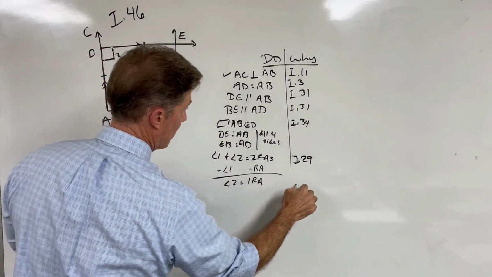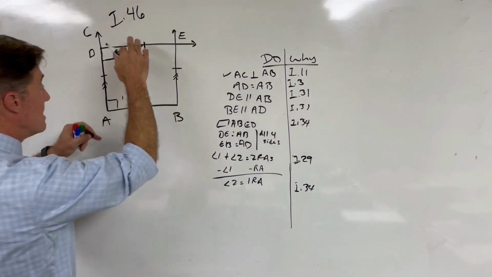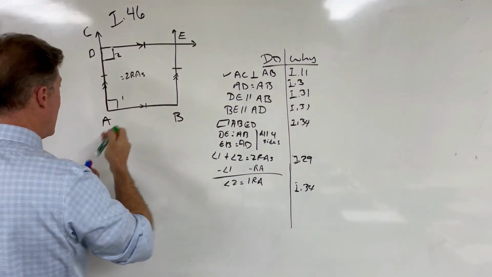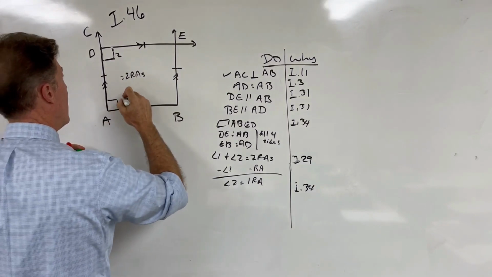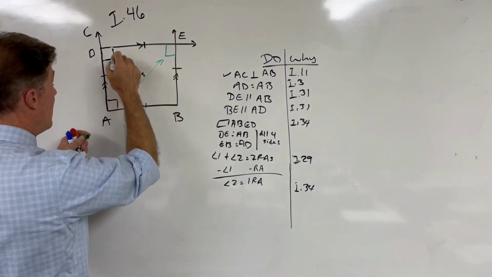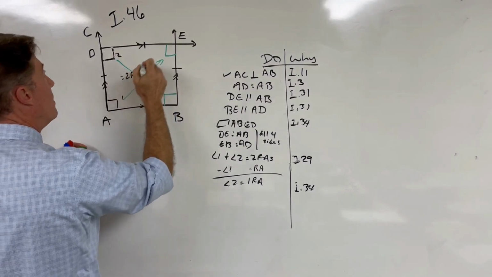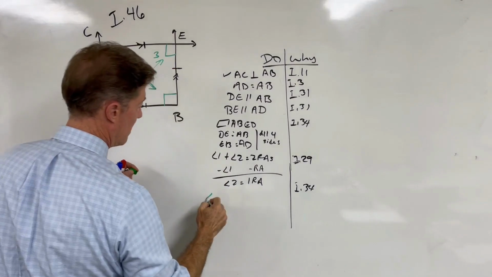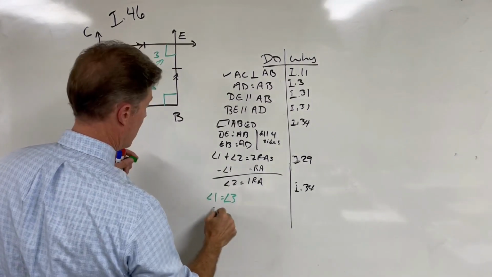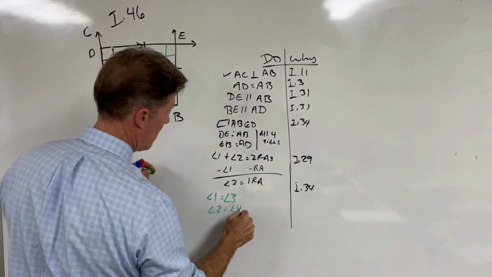And now all we have to do is go back to Prop 34 that says in parallelogrammic areas the opposite sides and angles are equal to each other. So that means the angle opposite A, namely angle E, is equal to A, and the angle opposite over here is equal, so angle 1 is equal to angle 3, and angle 2 is equal to angle 4.